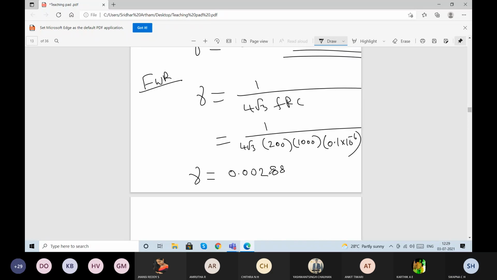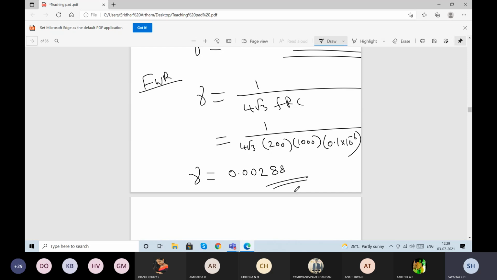So 0.00288 is the ripple factor. If you compare both of them, you will find that gamma for the full wave rectifier is half of the gamma you are getting for the half wave rectifier.